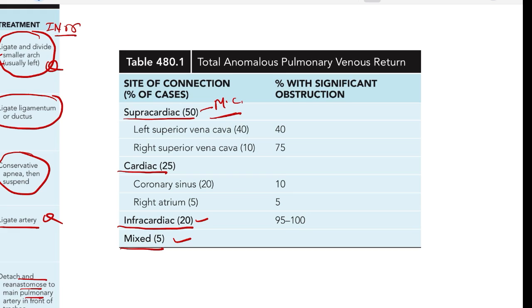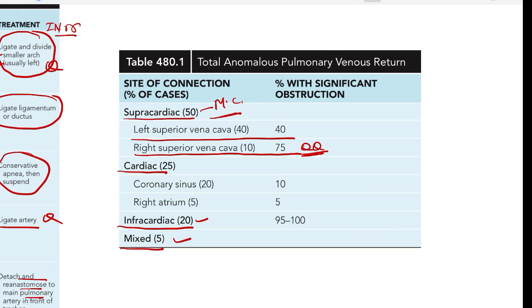Among supracardiac, which is most common? In this condition, left superior vena cava has 40% obstruction, and right superior vena cava is seen in 75% of significant obstruction. So they'll ask in supracardiac which will have more obstruction; that is right superior vena cava more than left superior vena cava.